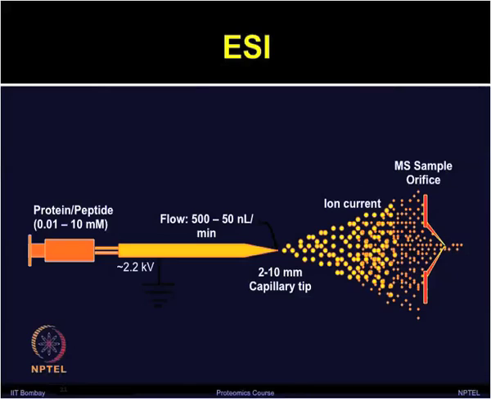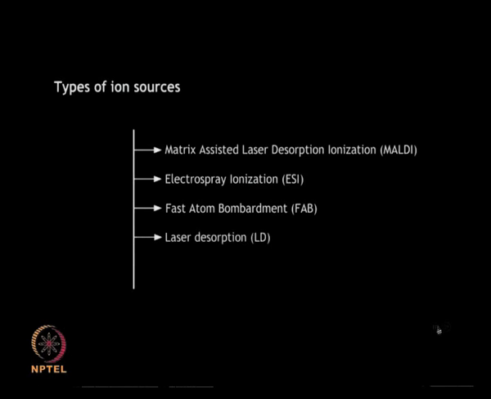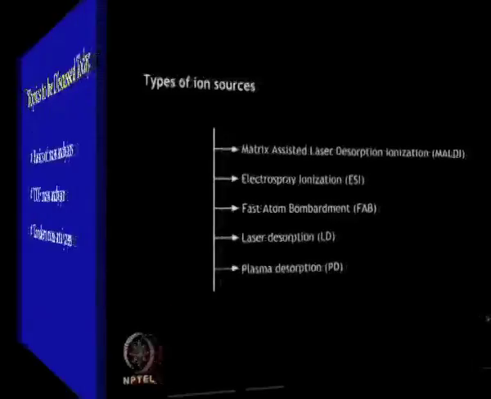Most commonly used ionization sources are MALDI and ESI. Additionally, there are other ionization sources such as fast atom bombardment (FAB), laser desorption (LD), plasma desorption (PD). Let us discuss the two most commonly used soft ionization techniques, MALDI and ESI.